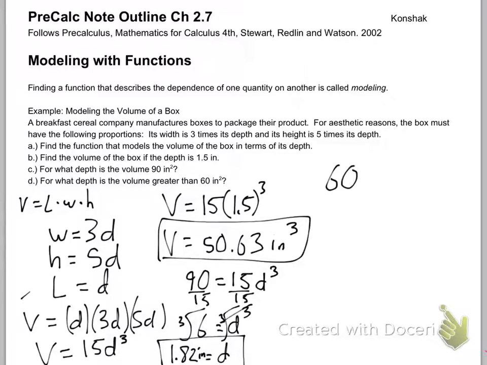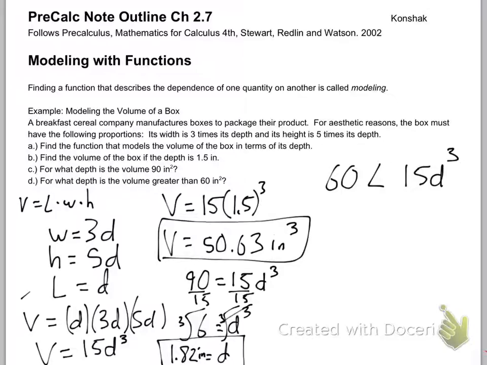So 60, I know I'm going to have then 15d cubed. Which one has to be bigger? The 15d cubed. Can it be equal to? No, it's not equal to. And now you just solve it.